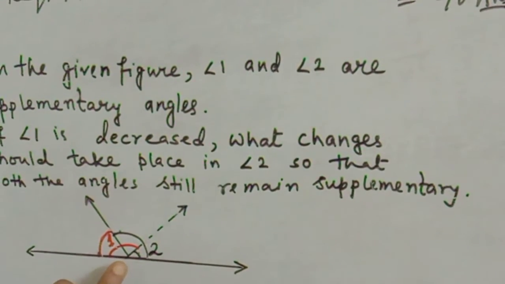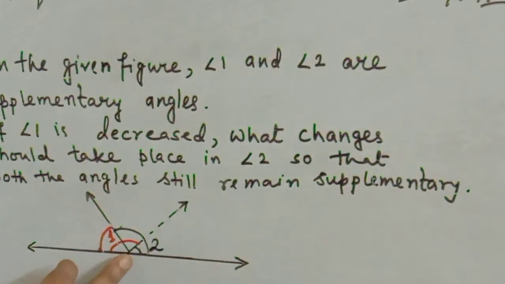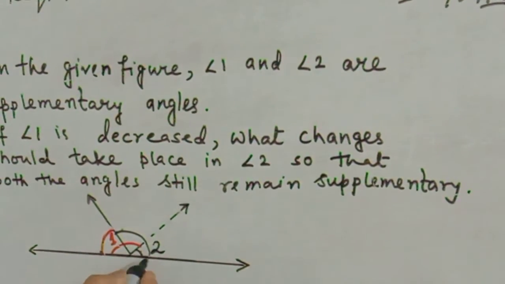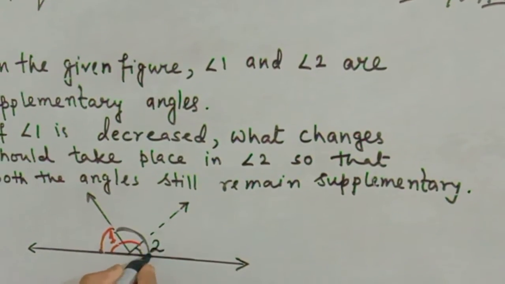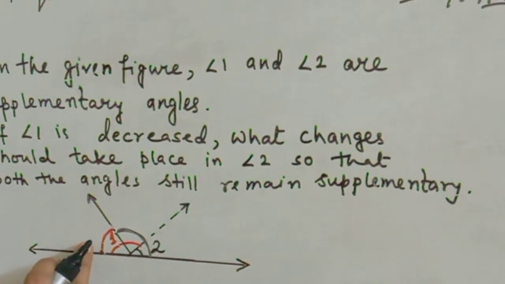Now you can see it clearly. If angle 1 becomes smaller than the previous one, if angle 1 is decreased, then angle 2 automatically becomes larger than the previous one to maintain the sum of the two angles at 180 degrees. Understood?